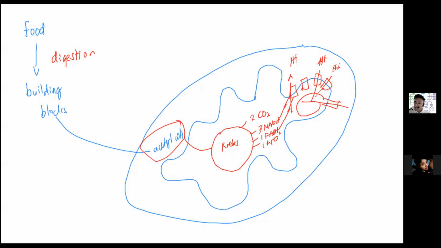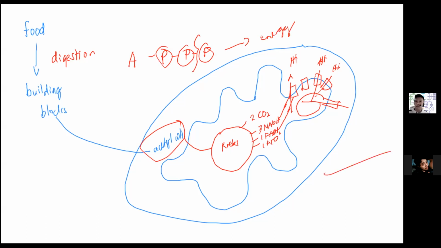ATP comprises an adenosine attached to three phosphates, am I right? So when you break down even one of the phosphate groups in ATP, it will release energy. The energy stored in ATP will be utilized by the different parts of the body for their different processes.